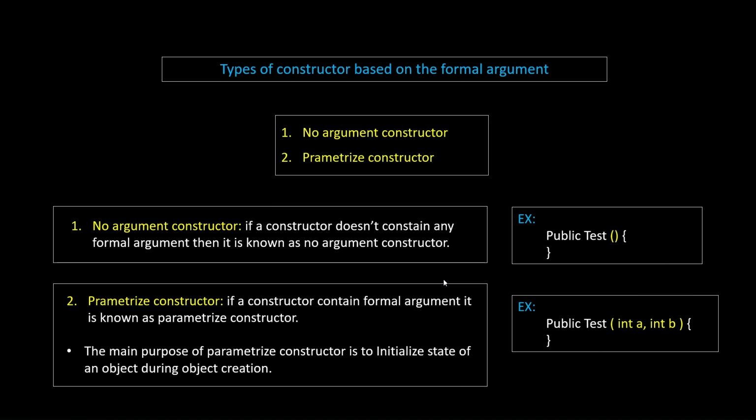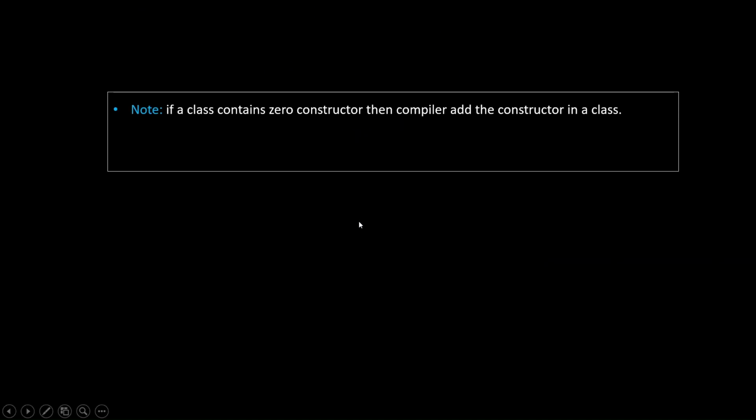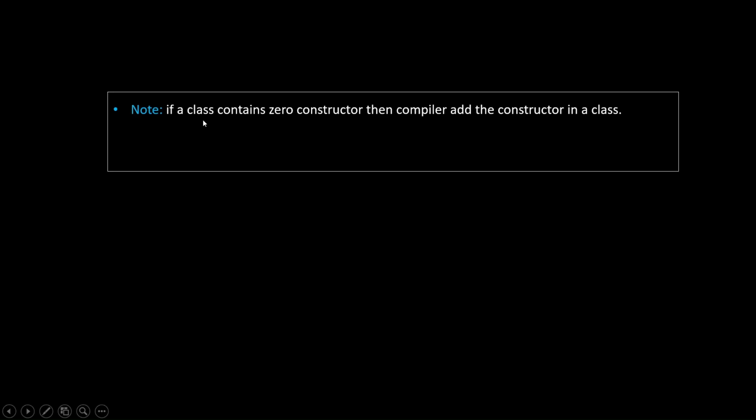Let's go to the next page. So note, means the point which you definitely have to mention when the interviewer asks: if a class contains zero constructors, then the compiler adds a constructor in the class.